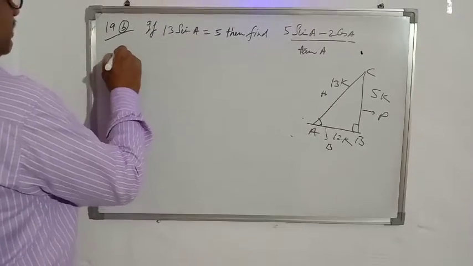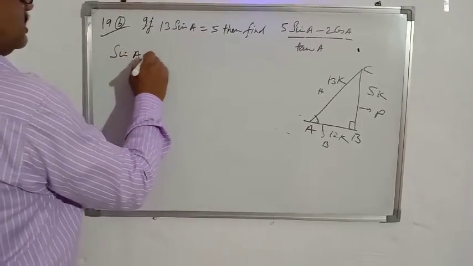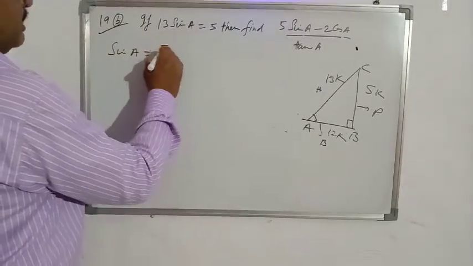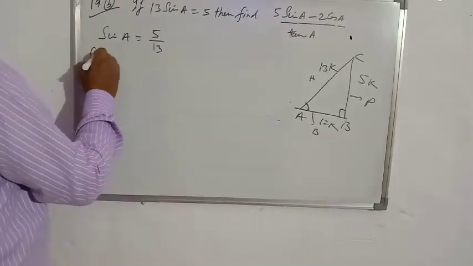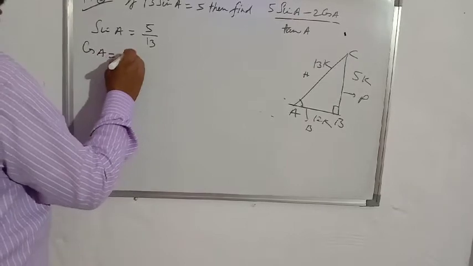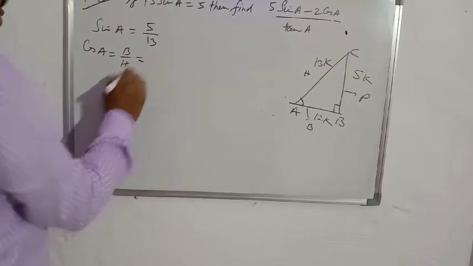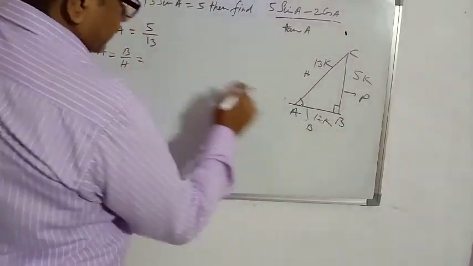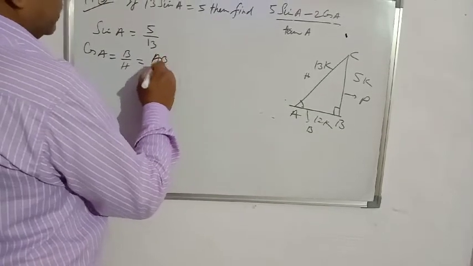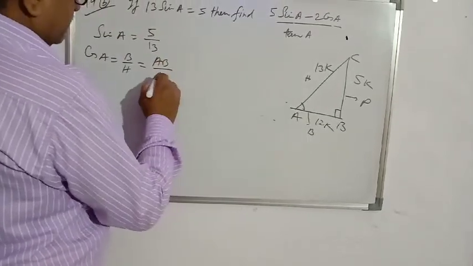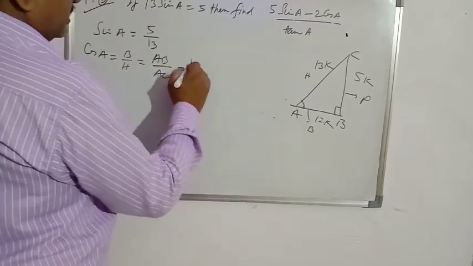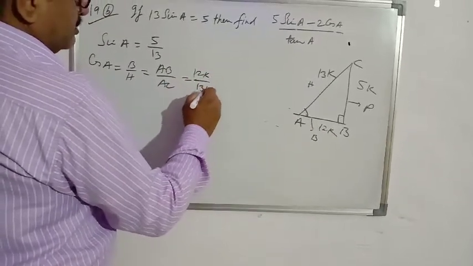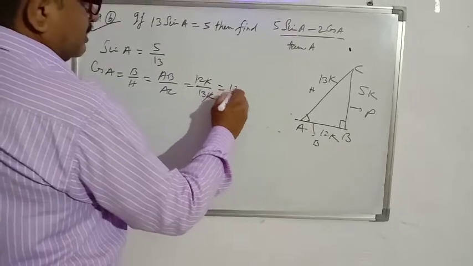So what is the value of sin A? From here, sin A is equal to 5 by 13. Next, cos A. Cos A is base by hypotenuse. So base is what? AB. And hypotenuse AC. AB 12k, hypotenuse 13k. 12k upon 13k, k cancels with k, 12 by 13.